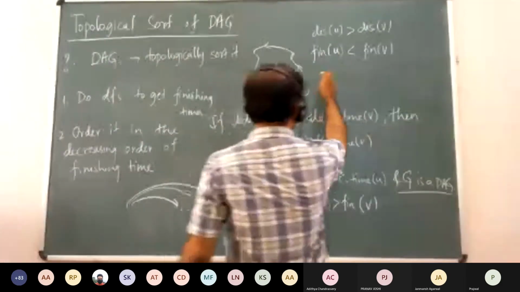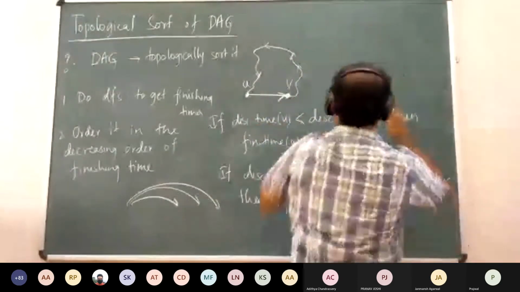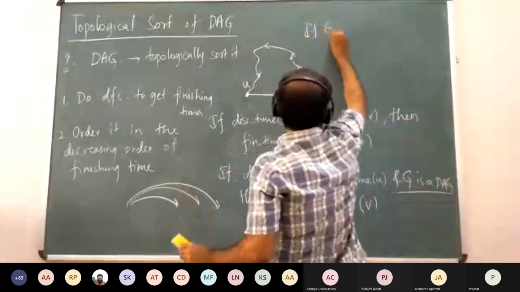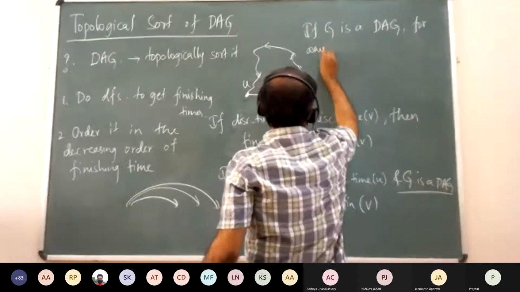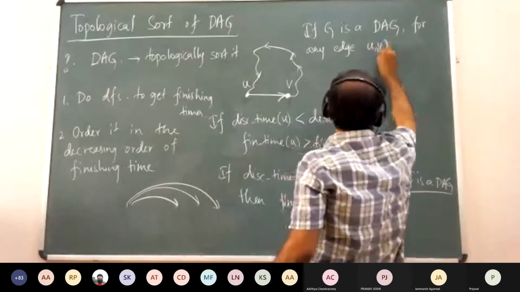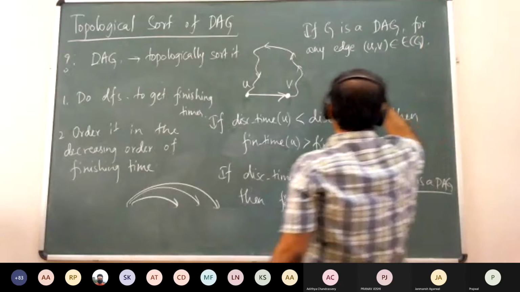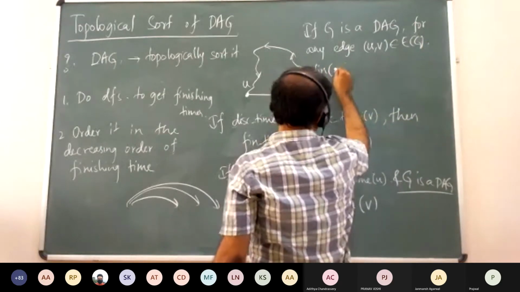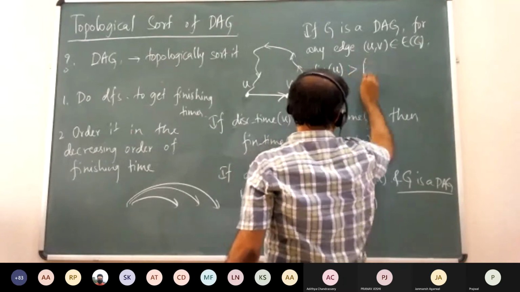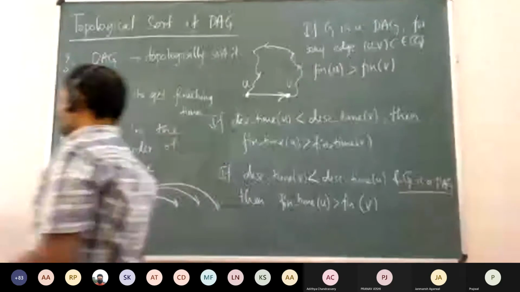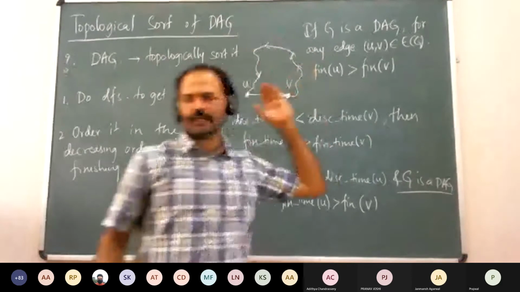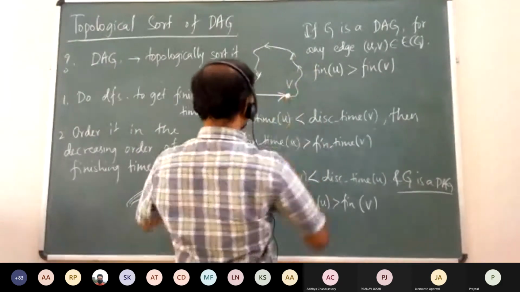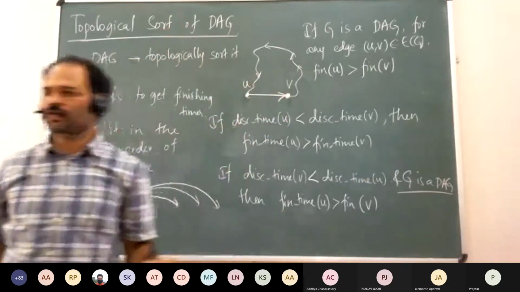What this says is that if G is a DAG, for any edge UV belonging to the edge set of G, finishing time of U is always greater than finishing time of V, irrespective of whether U was discovered before V or after V. So once the graph is a DAG and there is an edge UV, the finishing time of U is always greater than the finishing time of V.